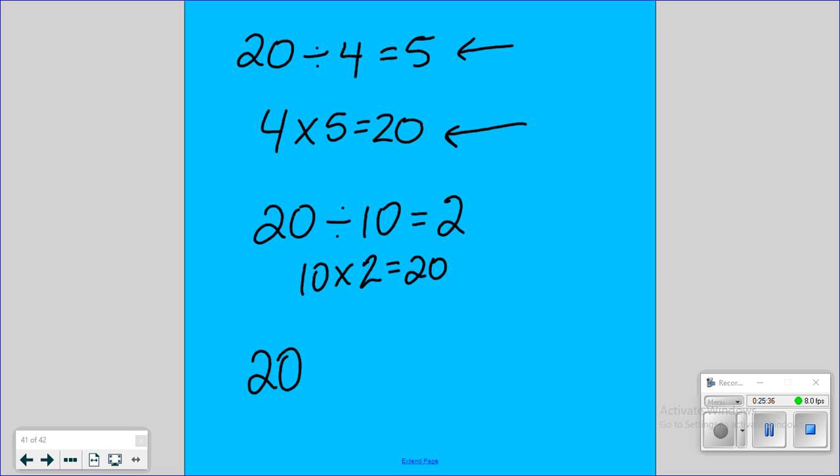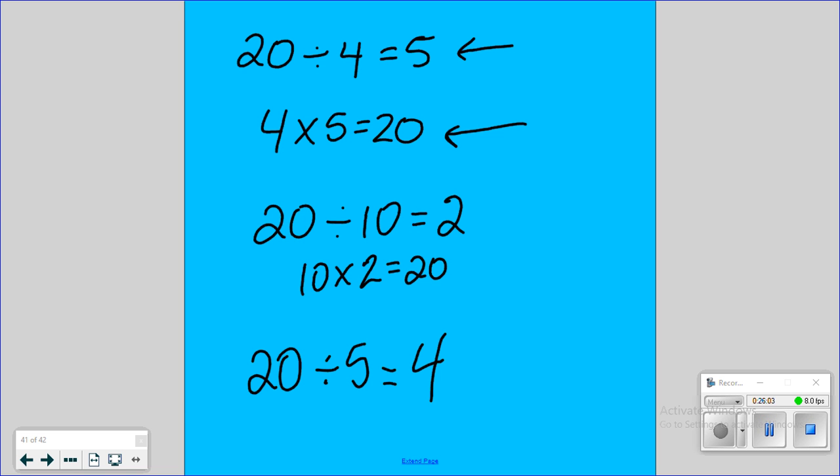Put into groups. Put into how many groups? 5. Put into 5 groups. Keep going. 4 in each group. 4 in each group. Very good.